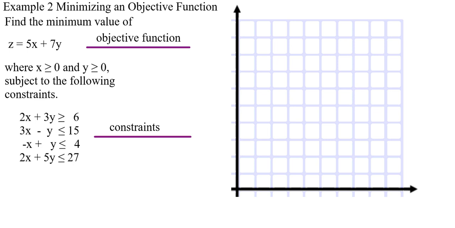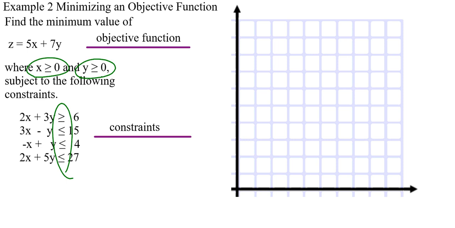So we're not even going to graph these x is greater than or equal to 0 and y is greater than or equal to 0. I have a little first quadrant grid here, and so we're just going to know that's what we're looking at as we go. But do notice all of my lines are solid lines here as well.